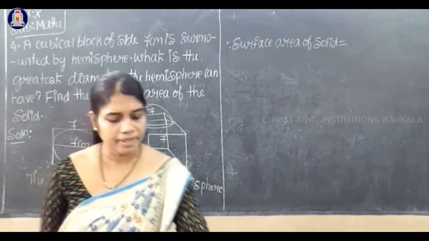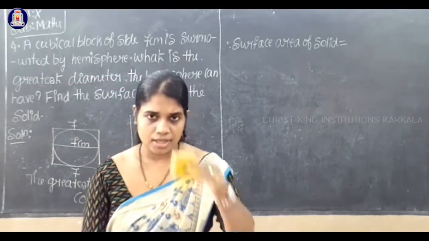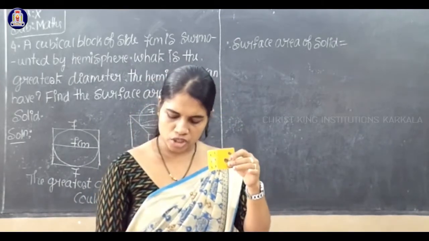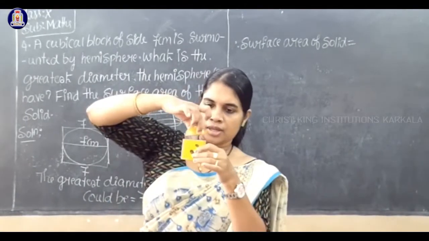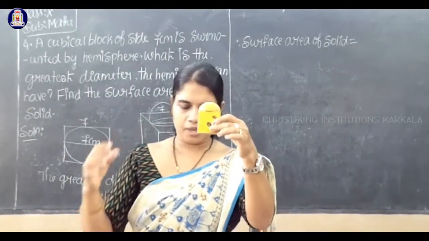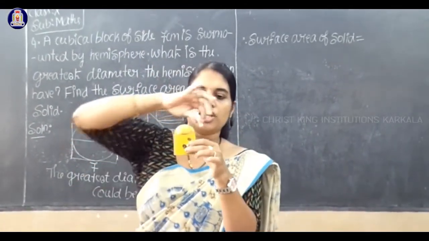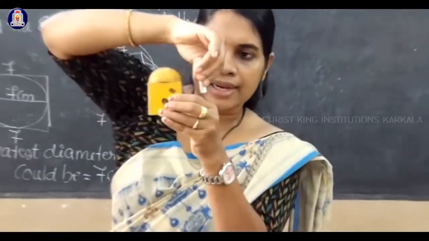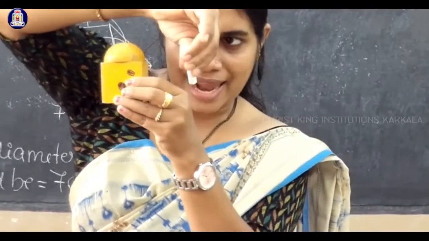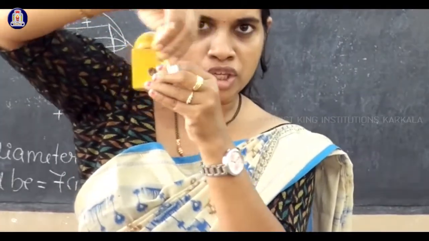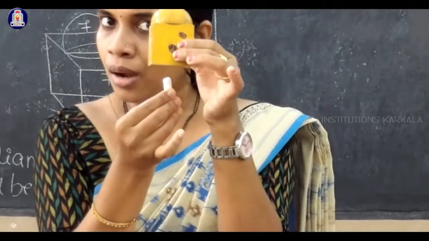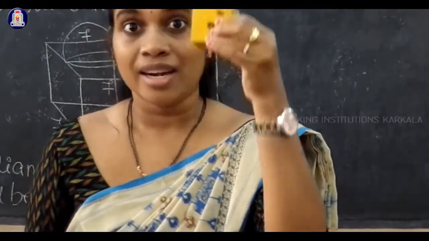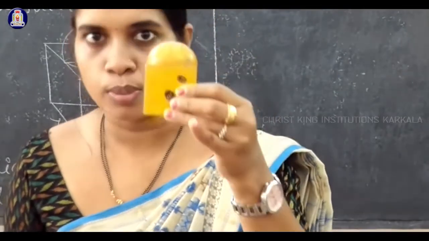This is your cube, and on this cube, I will take the hemisphere. Now I am going to calculate the surface area. Surface area means I will take the lateral surface area of the cube as well as the base and top. That means this is the TSA of the cube, isn't it?